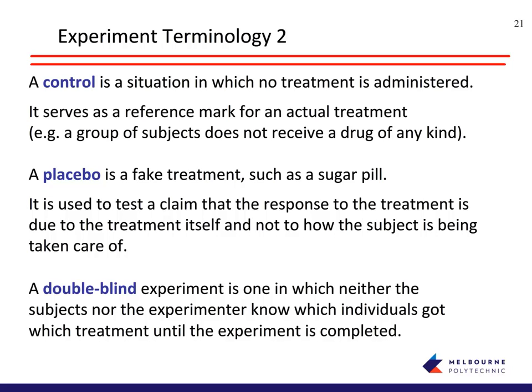A placebo is a fake treatment. In pharmaceutical trials, these are often sugar pills that are made to resemble the actual pharmaceutical. These are given to make sure that the experimental units, say the humans, don't respond to, say, a pharmaceutical just because they know they've taken the pharmaceutical.